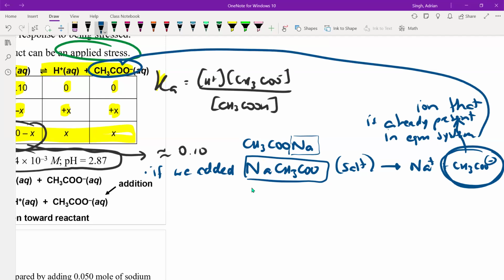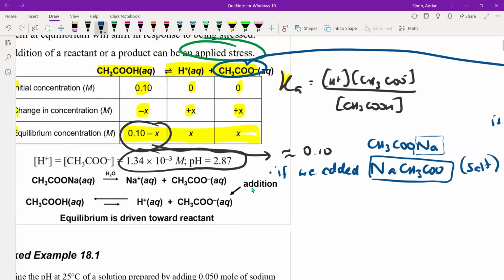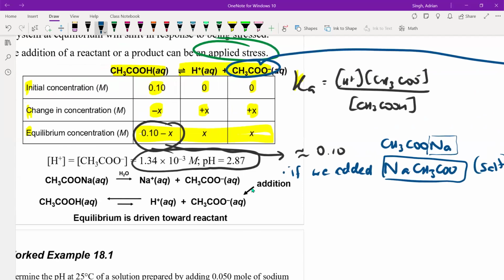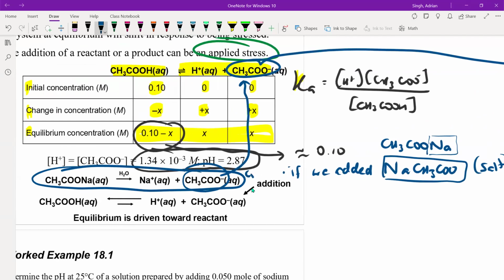So if you add a salt, that salt will dissociate in solution to give us a sodium and the acetate ion in this case. So the anion is that common ion that we are referring to. It's common to the equilibrium system that we had to begin with.